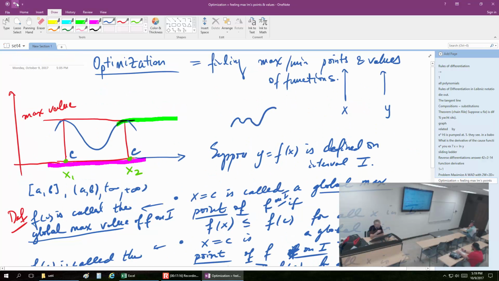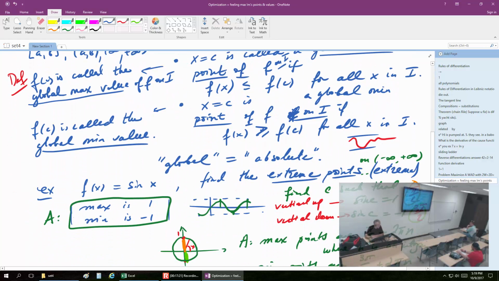It is f of c, and f of c is a number. The c is a number, where the location is, and f of c is also a number. So all of these four concepts, minimum point, maximum point, minimum value, maximum value, are numbers. We are not allowed to use infinity as a substitute.